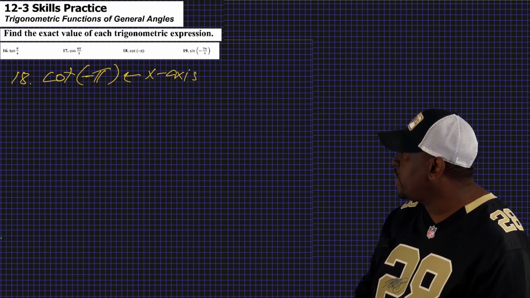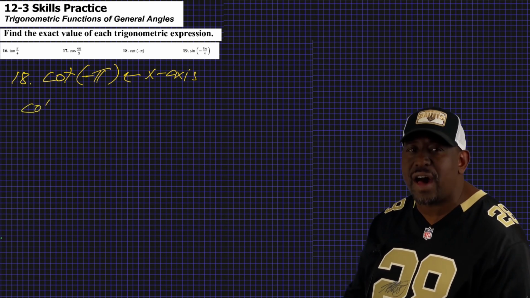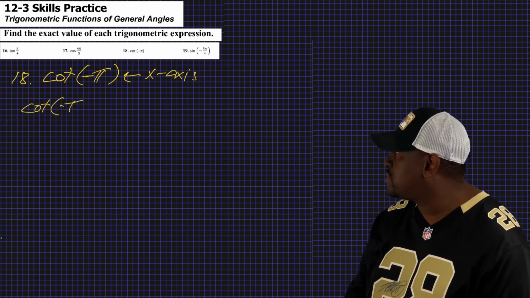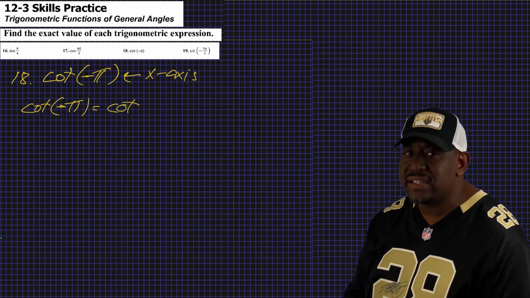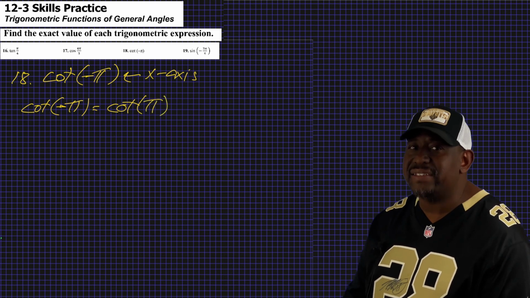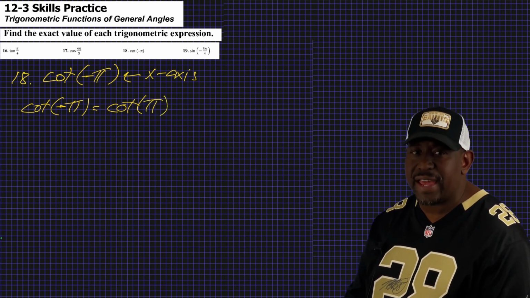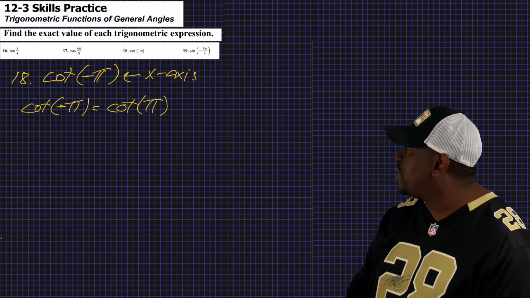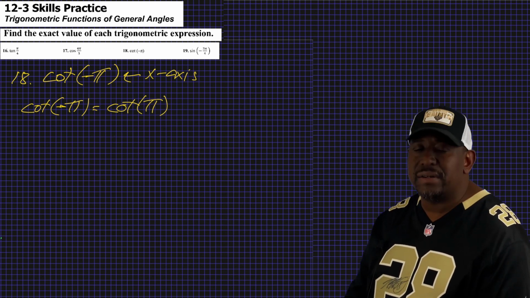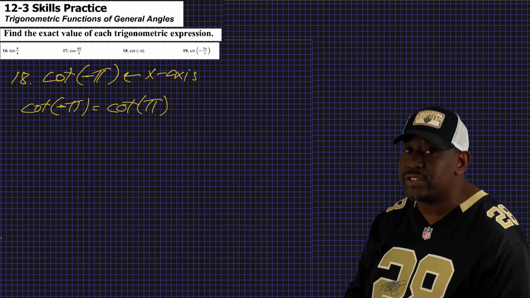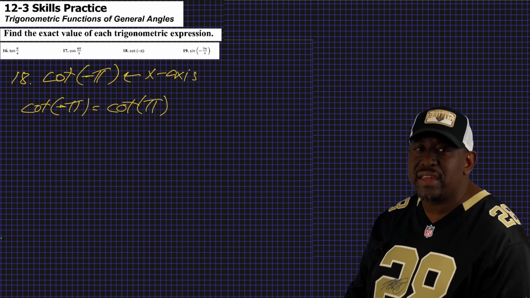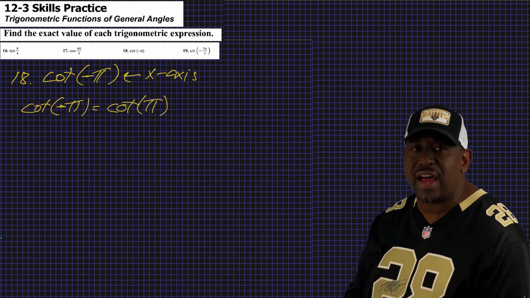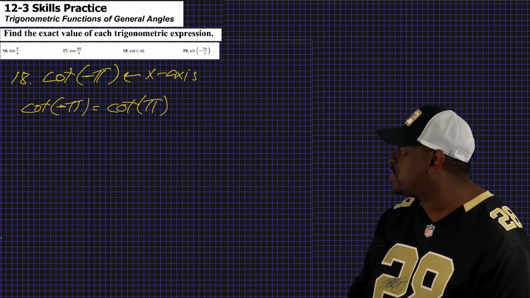Cotangent is cosine over sine. And the interesting thing is, sine of pi is 0 because you're not going up or down on the y-axis. So that basically tells us that the denominator is 0. So the cotangent of negative pi is undefined because you cannot divide by a denominator of 0.